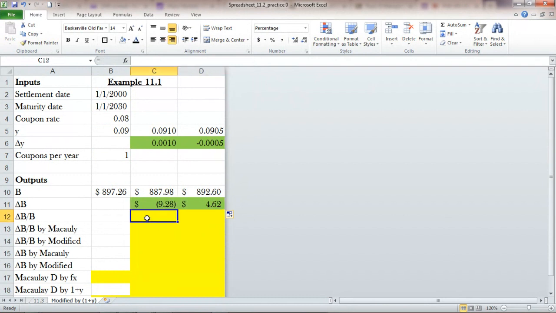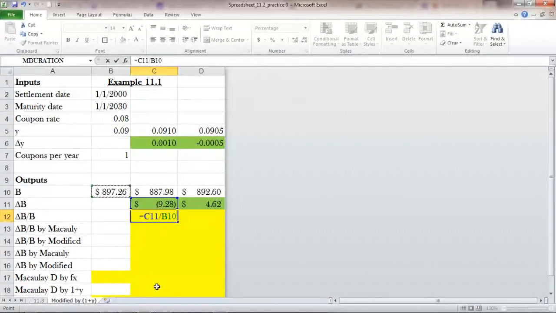Now, we can find the percentage change in bond price. It's literally percentage change, right? So change in bond price over the bond price at time zero, the original bond price, right?